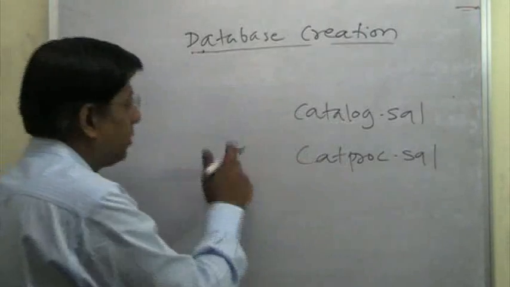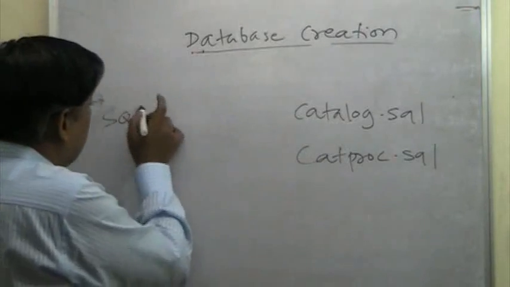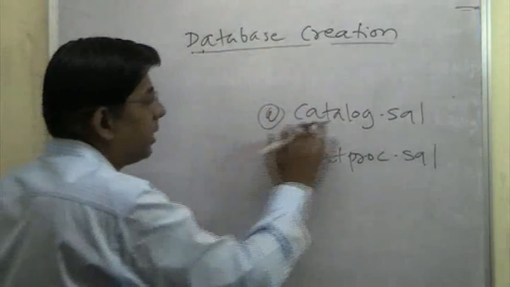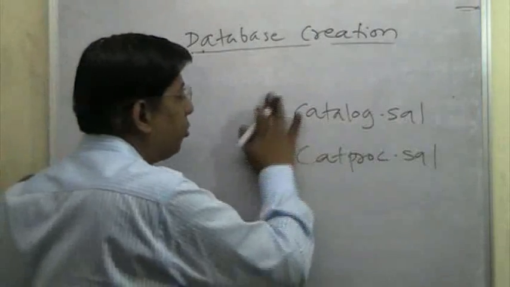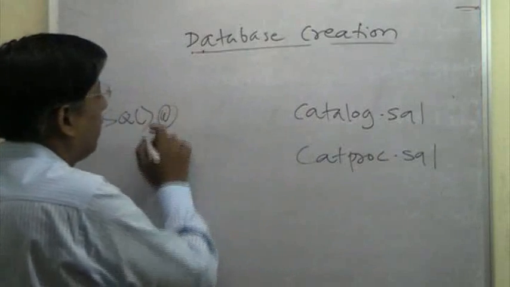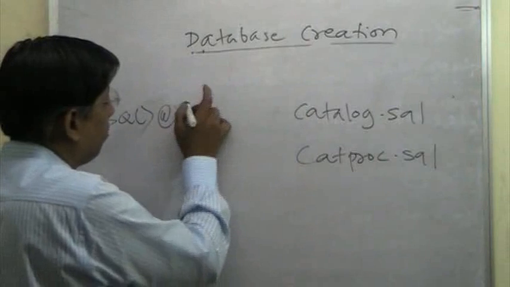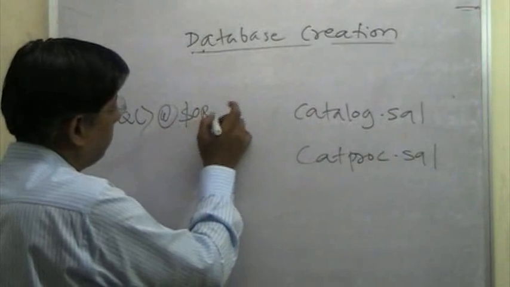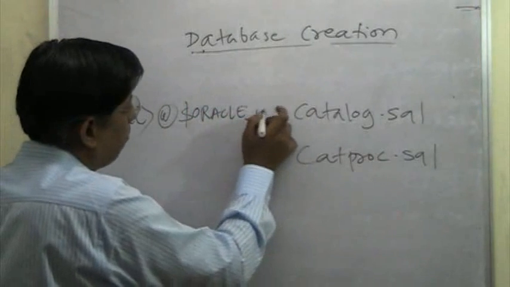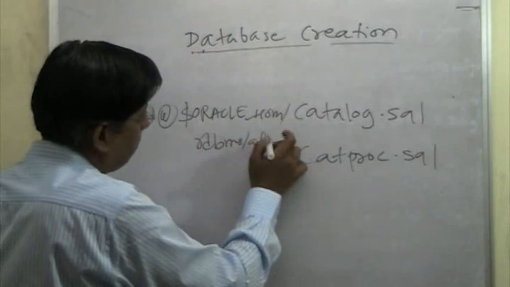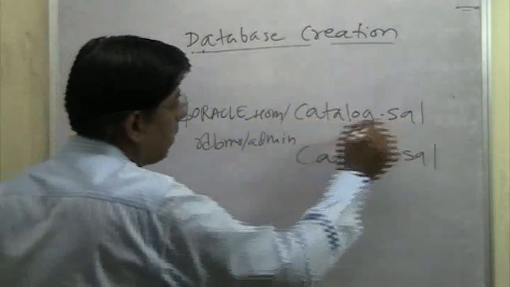So how do you execute this thing? You are inside SQL Plus, and you are going to just put an @ sign. You know how to execute an SQL script: @ sign and the name of the file, and the name of the file should be the full name of the file, and it is inside Oracle's home directory. So we can specify ORACLE_HOME/rdbms/admin, and then the catalog.sql.